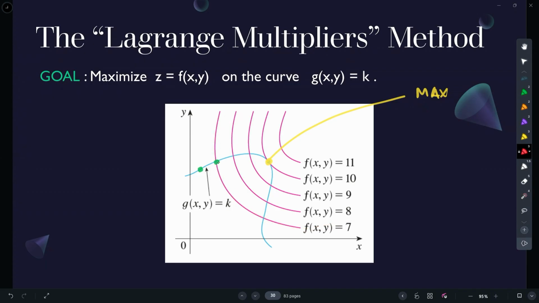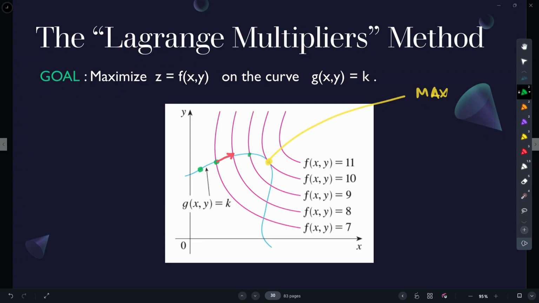It will have to be normal, perpendicular to this level curve. So it has to be somewhere like that, more or less. So it's telling me that if I keep moving in that direction on the curve g, the value of the function will increase. So I'm not at the maximum value.